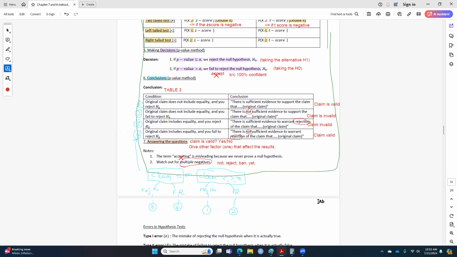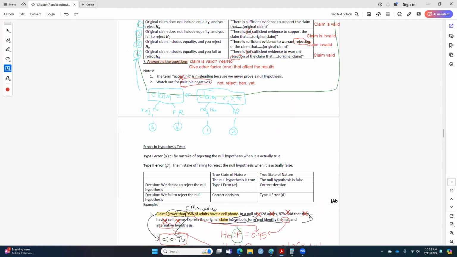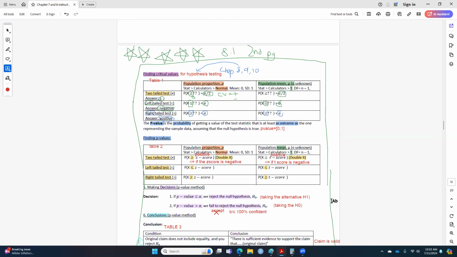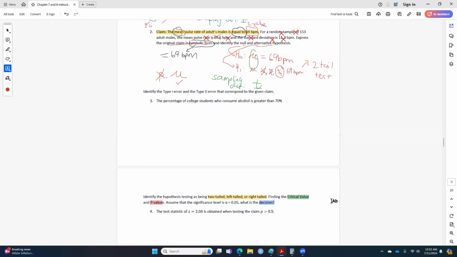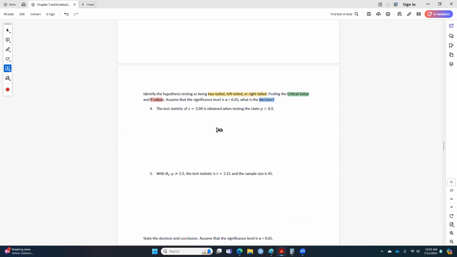So we're going to jump to question 4 and 5 here. You will figure out what I'm talking about in this case. As I mentioned, steps 4 and 5 here are asking us to figure out whether they are doing a two-tail, left tail, or right tail test, the critical values and p-values, and after that, what the decision is.